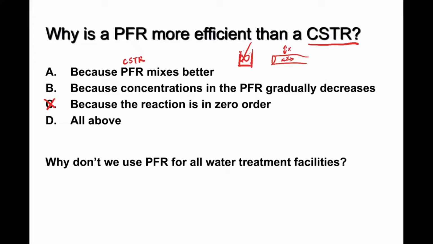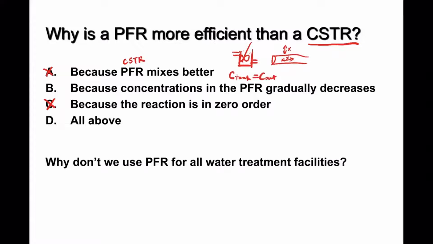Okay, so then it comes to this option here. What this option says is that the concentration in the PFR gradually decreases. This is because for the CSTR, we made a major assumption that the concentration within the tank is equal to the concentration at the outlet of the tank.